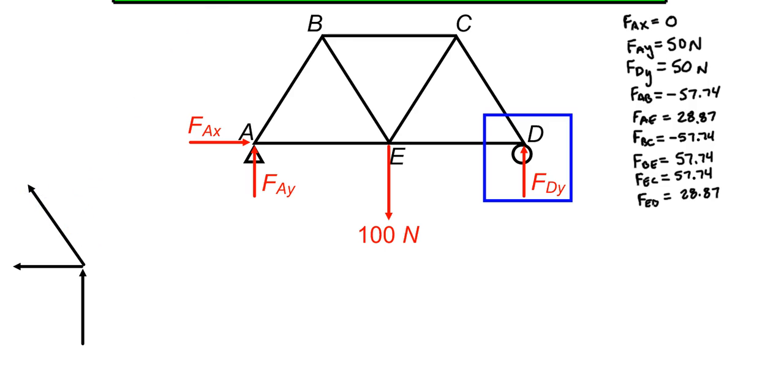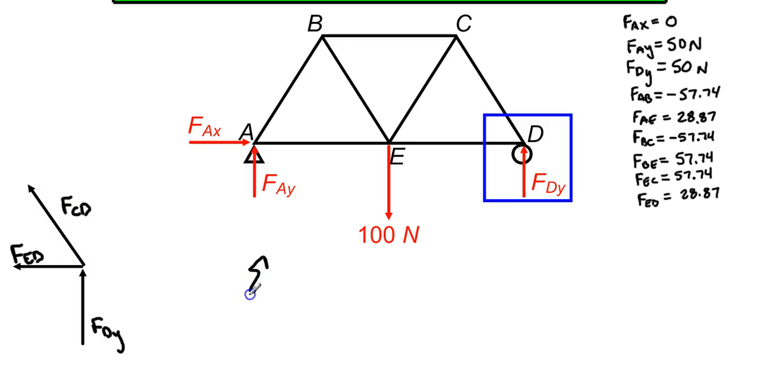And there's FCD. All right, we know that this is a 60-degree angle, but we'll get to that here in a second. We already know this one. We already know this one. The last thing to solve for is FCD.